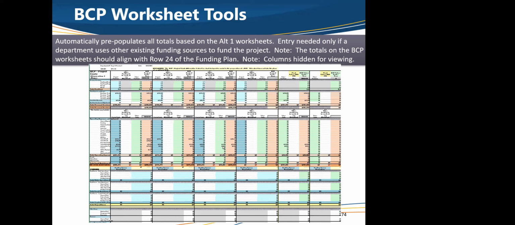Yeah, so if a department says I need more rows, they need to contact the Department of Technology and find out if they have the capability and means to add those rows for them. There may be another solution.